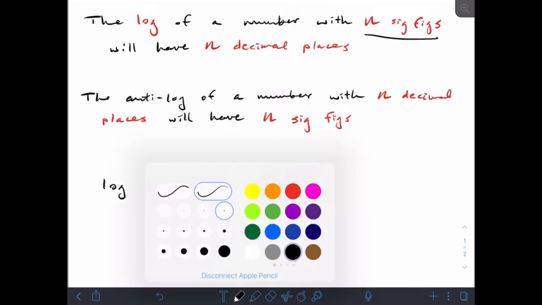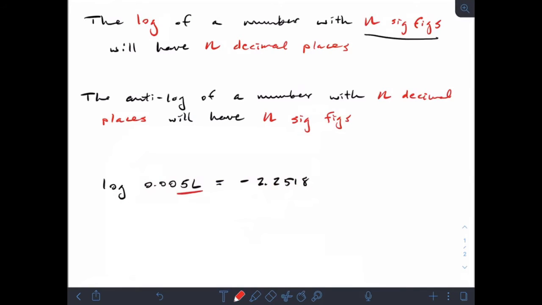In this case, this number has 2 sig figs. So 2 sig figs tells me that I need 2 decimal places in my final answer. If I were to give this as a final answer to the right number of sig figs, that would be negative 2.25.